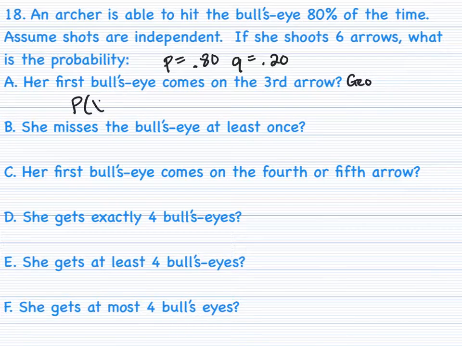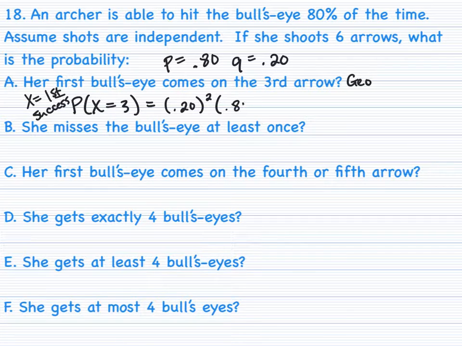So that's the probability that X equals 3. X equaling first success on this particular one. So that is 2 failures. So 0.2 to the second times the success. And once again, no calculator, and I'm not going to mess with it on my phone, so I'll let you guys do those calculations.